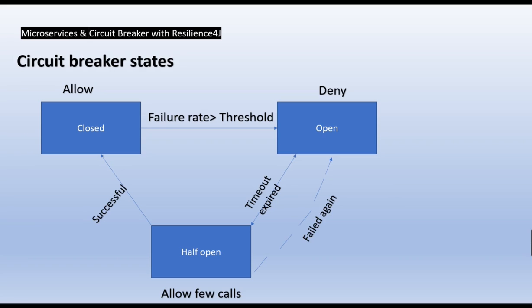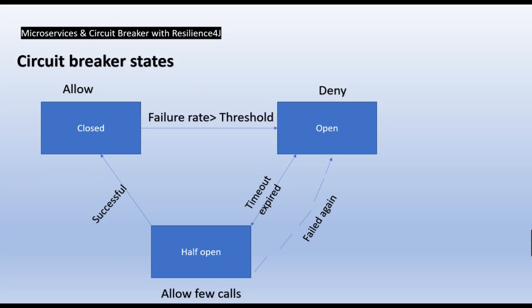Now, failure rate greater than threshold, when will it become open? Suppose in 100% of calls, 30% are failed and 70% are successful. Normally we will put an open status when the service is not able to serve even 30 percent. It all depends on that. Some people will put it so that if 20% of the calls fail then they will make it down, or they will make it open.